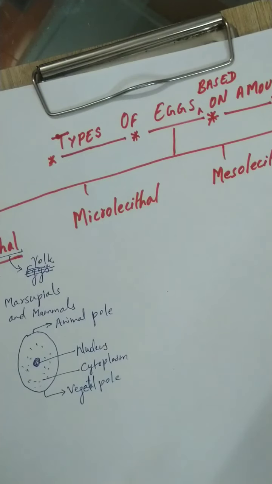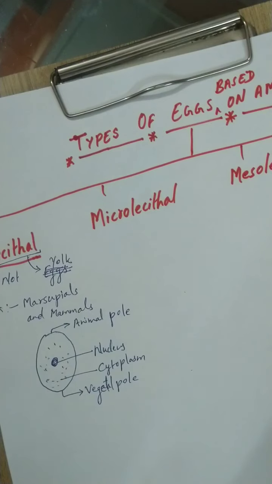We can classify types of eggs on the basis of the amount of yolk present inside the egg, and on the basis of the distribution of yolk inside the egg. We know that there are vast groups of species living on the earth, so their way of reproduction is also different.